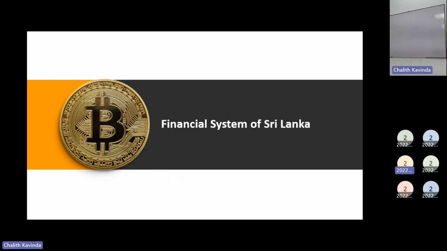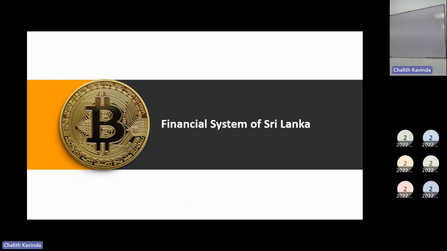Okay. So we'll start. Now, we are going to learn about financial markets, but before that, you need to have a better understanding about what financial system means. Any idea about what a financial system is?